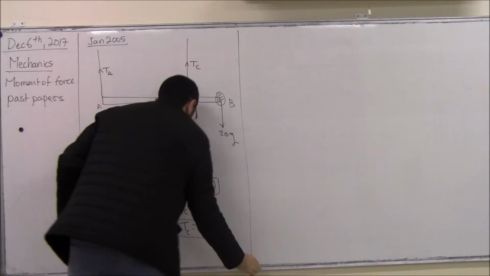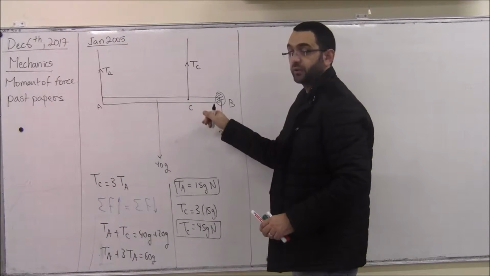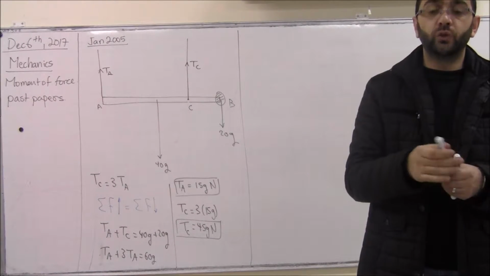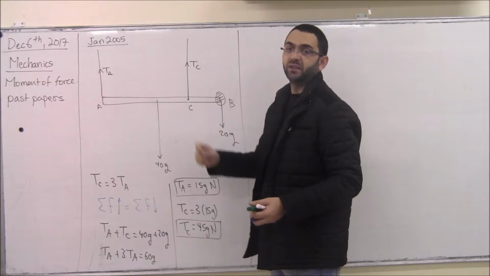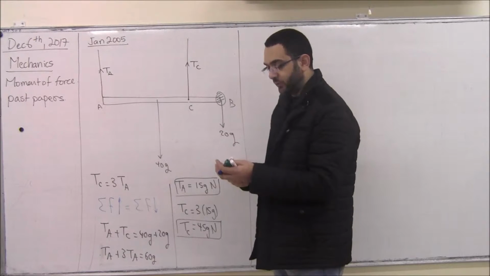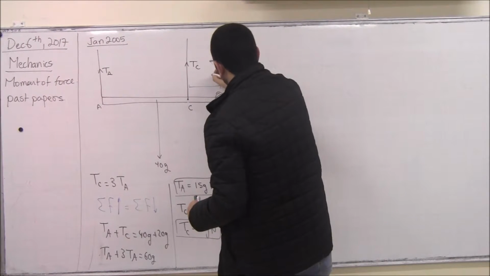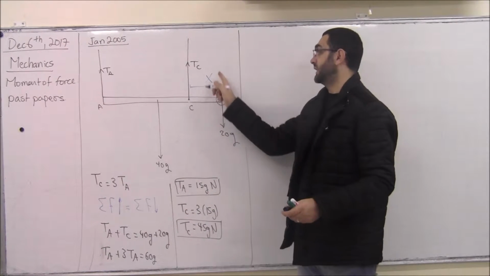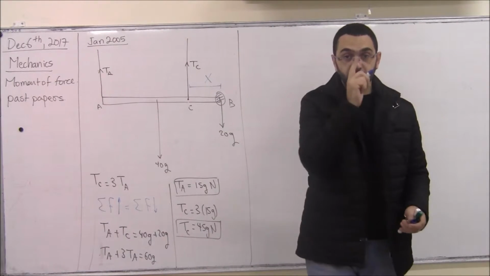Fine. Now, what we are asked to find is BC, this distance. In order to simplify this, I will take the moments about C. Much better. I will assume this distance as x. So from the calculation I will directly get x, which is CB.